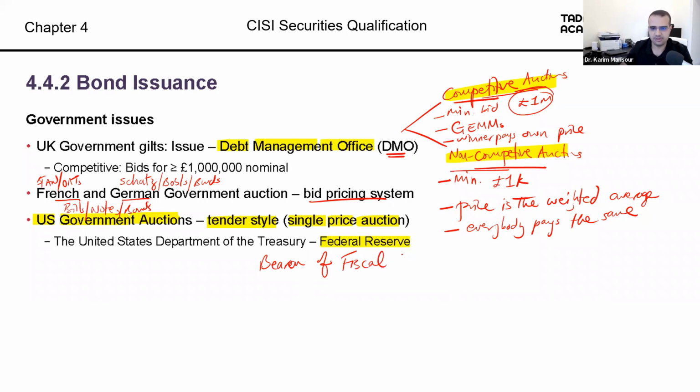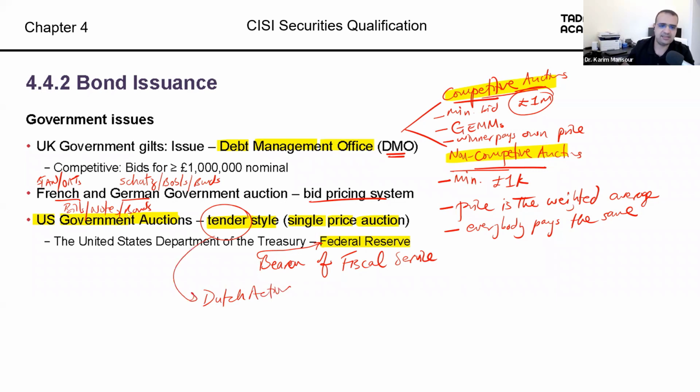I think I misspelled Bureau. The Bureau of Fiscal Service is the office that issues the government bonds on behalf of the US government. So how does the US government issue through its tender style, which is a bit different from the auctions? This tender style is sometimes called a Dutch auction.